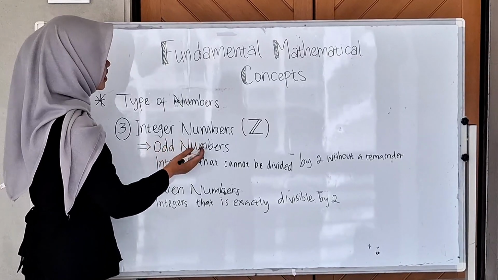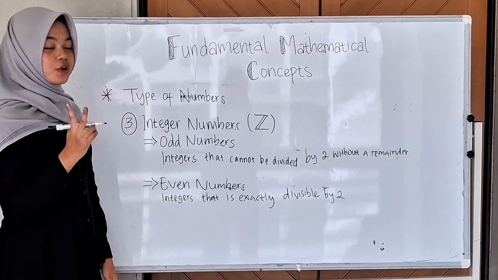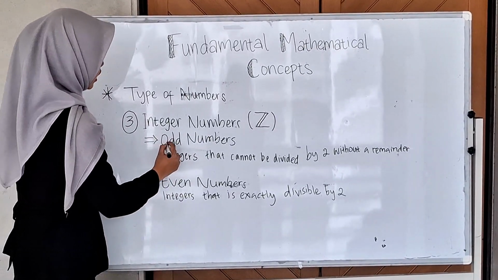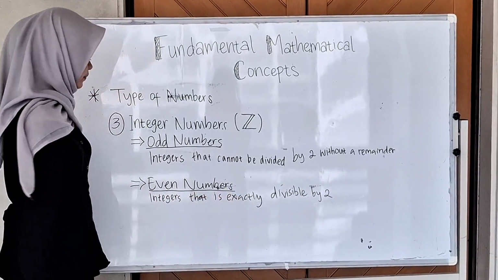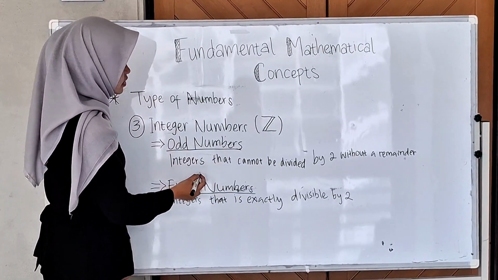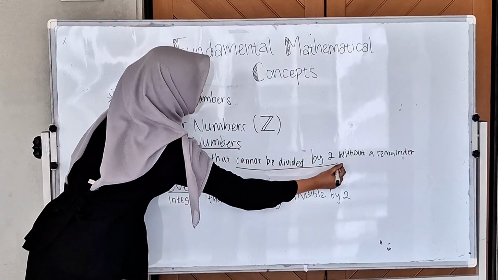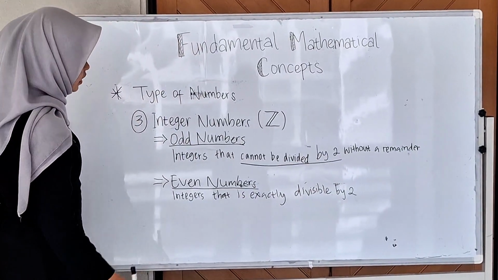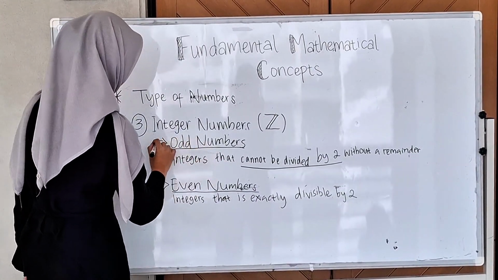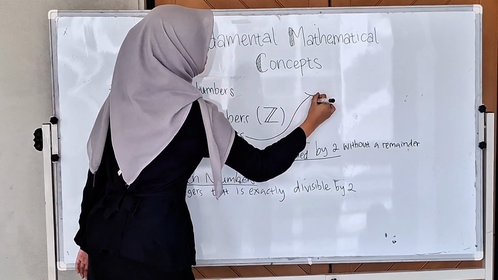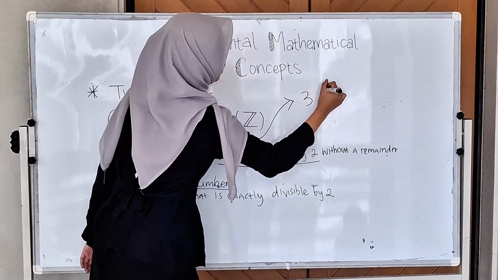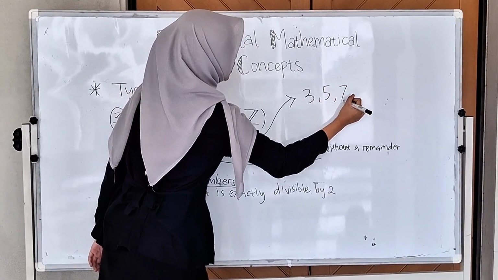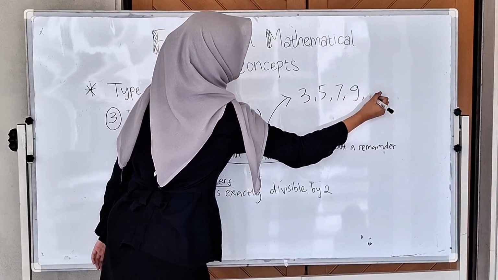From integer numbers, it can be divided into two other types of numbers, which is the first one is odd numbers, and the second one is even numbers. Odd numbers are any integers that cannot be divided by 2 without a remainder. For examples, there are 3, 5, 7, 9, and so on.